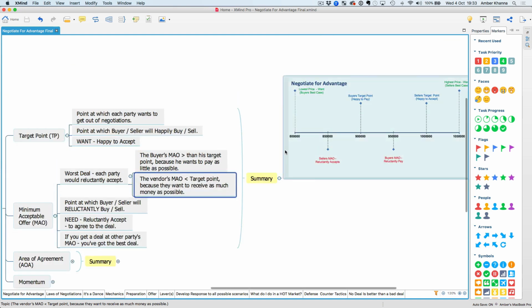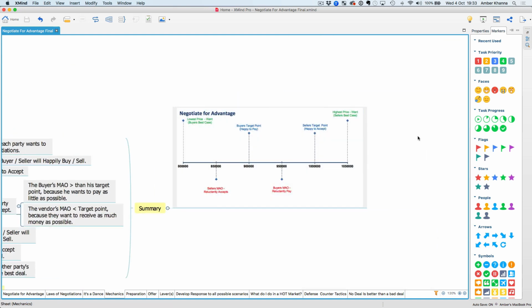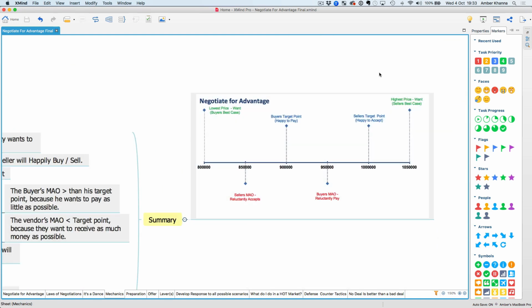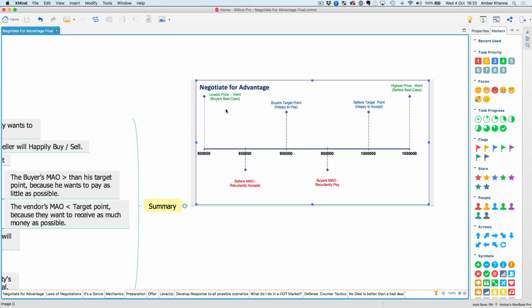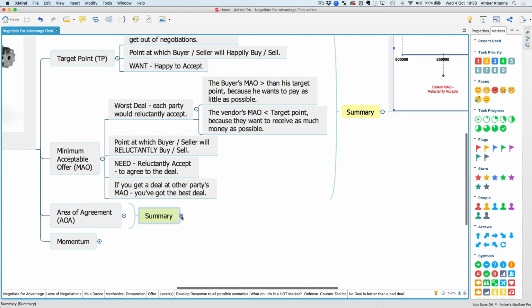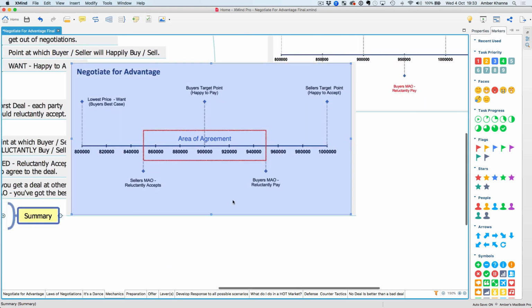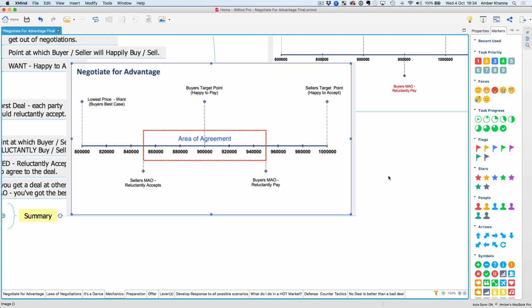You'll have to try and uncover as much information as possible, and figure out where they are sitting. We'll go through some strategies later on how to figure that out. Now the seller also has a target point, a price that he's happy to accept. If he got $1,050,000, he would be over the moon, but even $1 million is not bad for him. So it's like a happy to accept kind of medium.